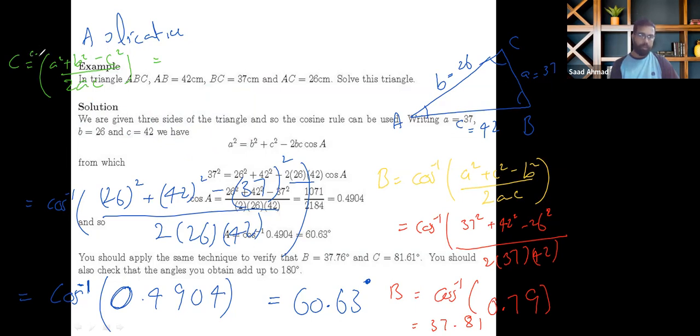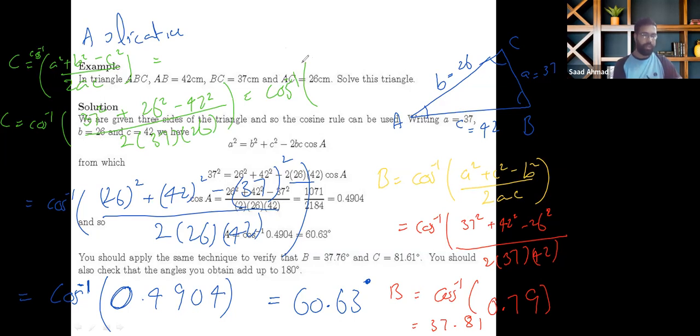Now what is A? 37. What is B? What is C? Over 2 times 37 times 26. So let's do that on the calculator. And if you also do it, tell me the answer you get.